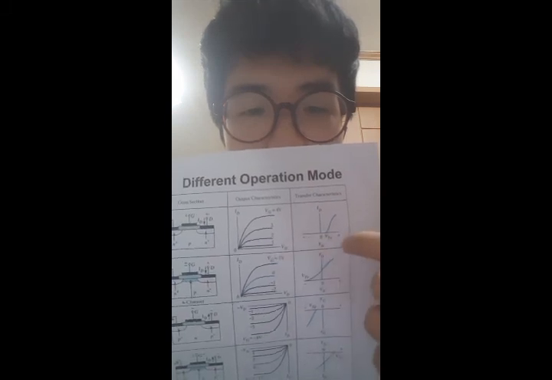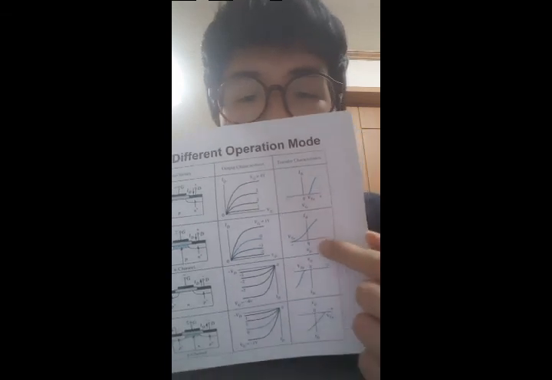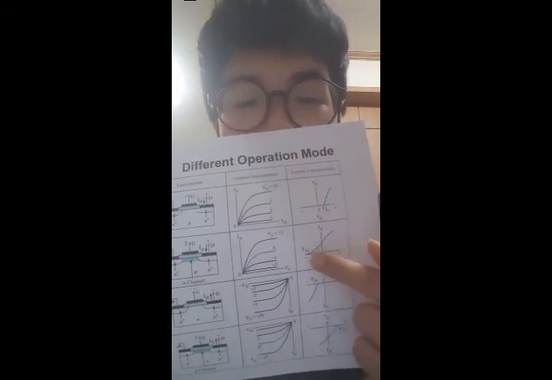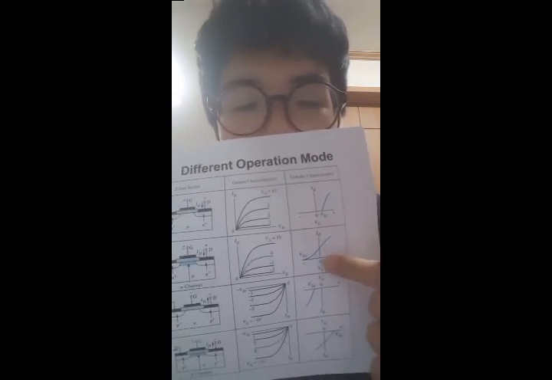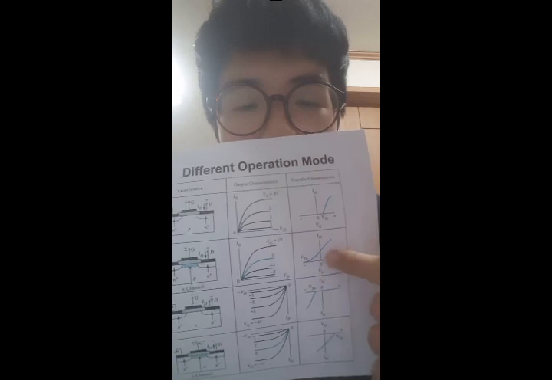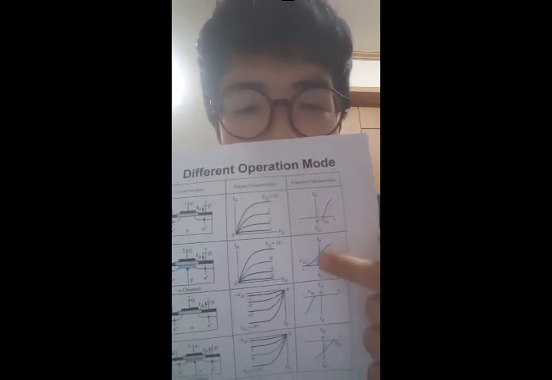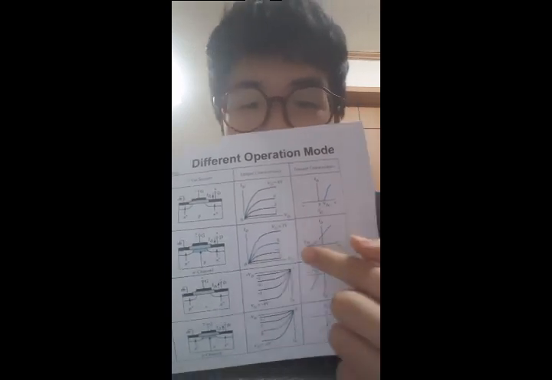We call this kind of device an enhancement type device. But at the second graph, the value of the threshold voltage is negative, so at the point where the gate bias is 0, the current is already generated. We call this type of device a depletion device.